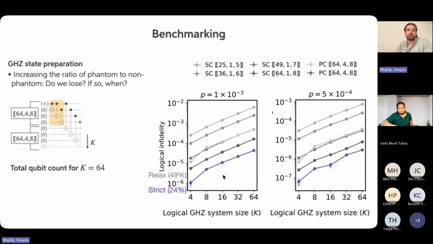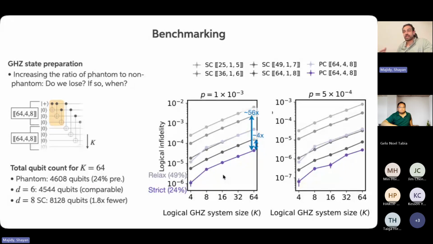If you fix the total qubit count, for phantom codes, when you account for all of the factories and all of this Steane-style quantum error correction, and you stack all the costs together, you get about 4,600 qubits for 64 logical qubits. Comparing that to the surface code with a comparable number of qubits, that's distance 6, we get about a 56 times improvement. If you want to match the distances, then we get a 4 times improvement, and we have half the number of qubits.